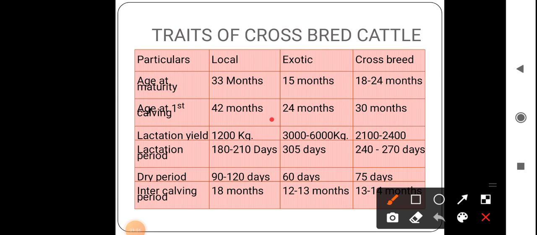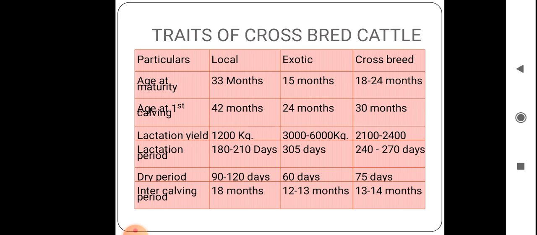Lactation yield, see, local variety 1200 kg per lactation. Here the exotic animal is giving 3000 to 6000 kilograms per lactation, and now the crossbreed will give 2100 to 2400.